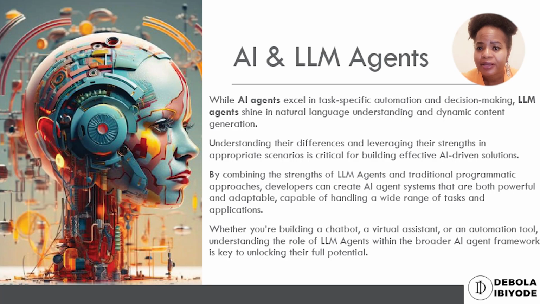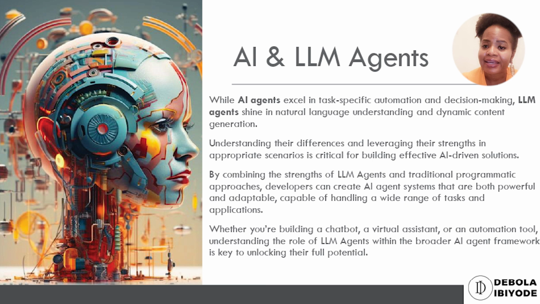While AI agents excel at being autonomous and performing their tasks autonomously, LLM agents shine brightly in processing natural language: understanding it, generating it, and interacting in it. So understanding the differences between an AI agent and an LLM agent is key to using their strengths effectively in our AI-driven applications.